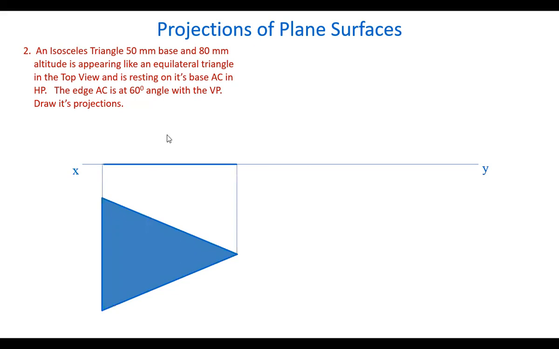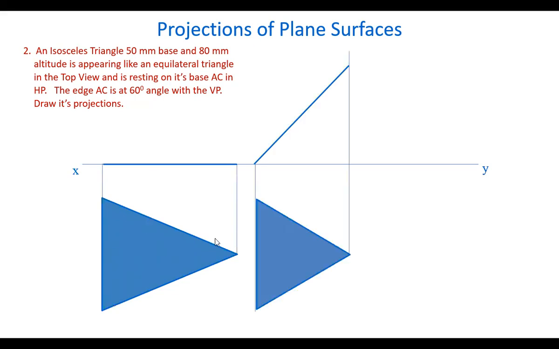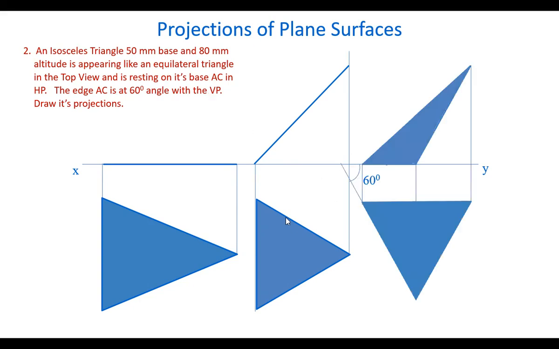So here this isosceles triangle appears like an equilateral triangle, having its base AC in HP and at a 60 degrees angle to VP. So this edge is at 60 degrees angle to VP. In that position, this triangle appears like this in the front view and in the top view. Let us draw its projections.